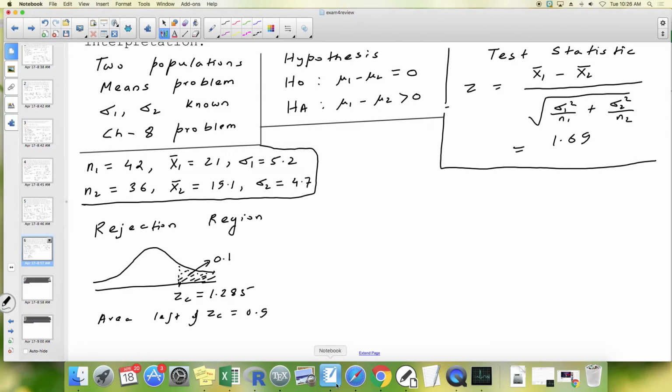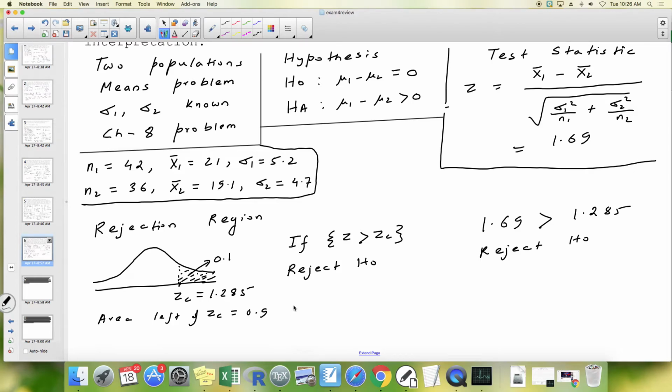Nice. So what's the rejection region? If Z is bigger than ZC, reject H naught. Does that happen for us? Yeah, it happens for us. 1.69 is indeed bigger than 1.285, which means reject H naught.